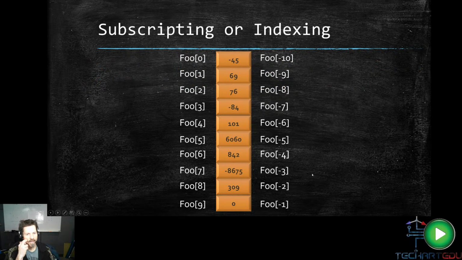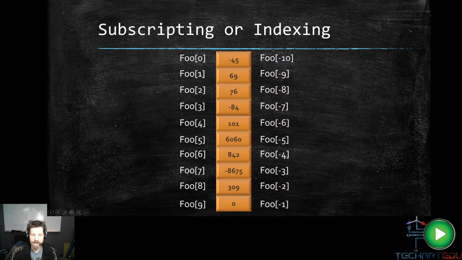Now here we have a list of values. This could be a list, this could be a tuple, it doesn't really matter. But notice that at the top of the list, we want the first value. We have to start counting at 0. Then the second value is 1, the third is 2, and so forth, all the way down to the very final one.